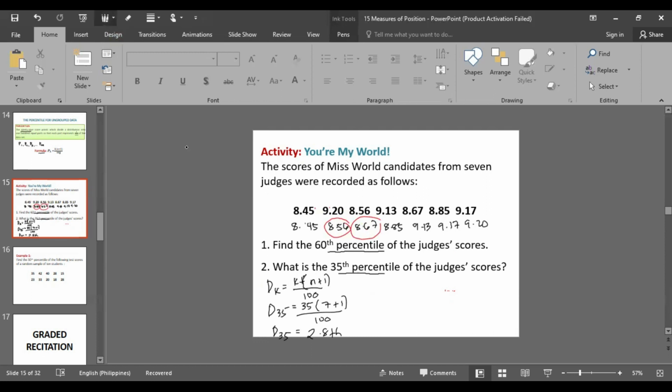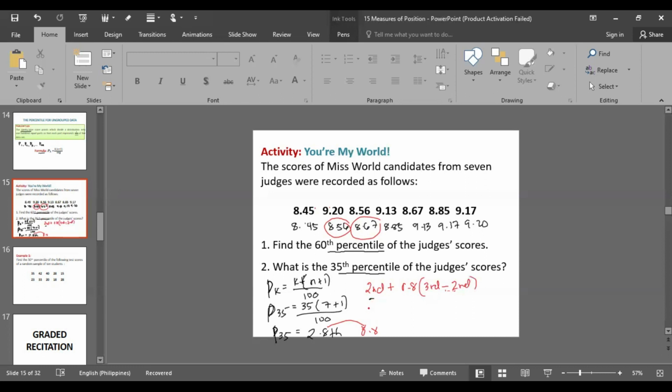I'm sorry, it should be P since we are dealing with percentile. The 35th percentile of this distribution can be obtained by adding the 2nd score point to 0.8 times the 3rd score point minus the 2nd score point.